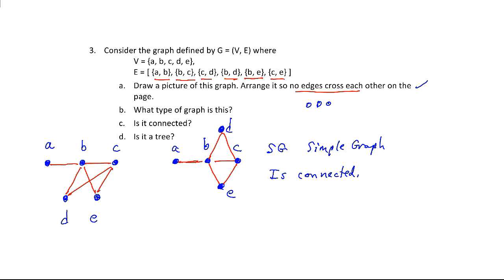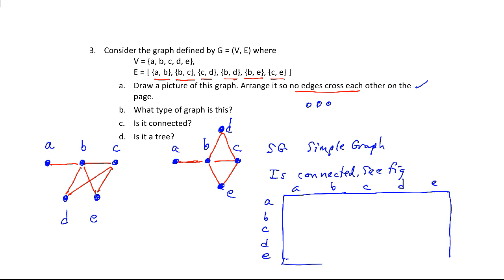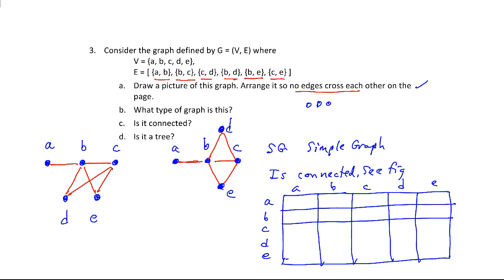Okay. Again, technically, from the figure, technically we would have to make a chart that has all the nodes A, B, C, D, E, A, B, C, D, E. And to really prove this, we would have to draw out and show that there is a path from every node to every other node.